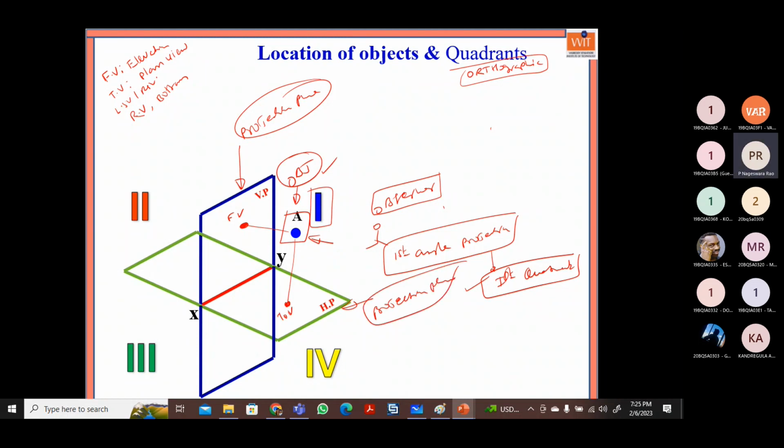So technically, what is the meaning of first angle projection? If you observe carefully, here this is the plane, this is the location of the object, and this is the observer location in the front view.